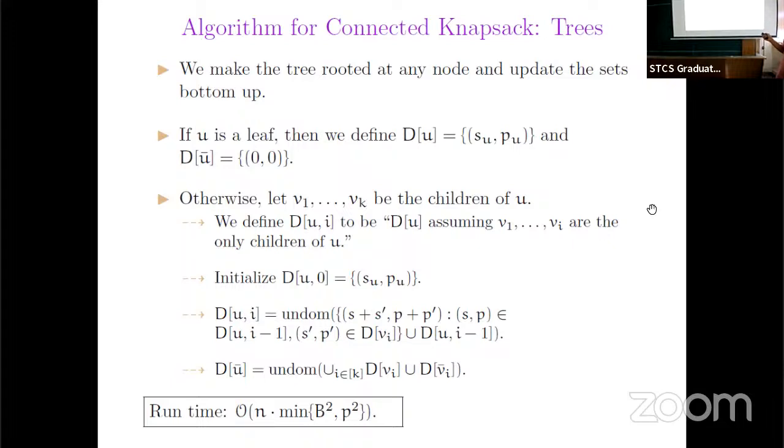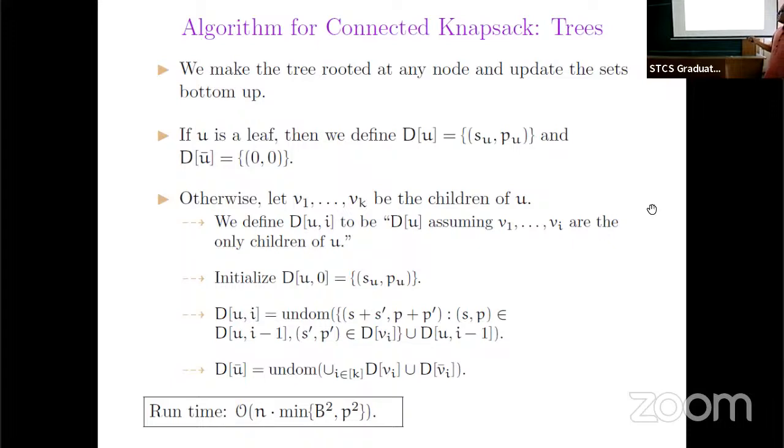D(U,i) is basically D(U) in the world where you had only children V1 to Vi, as if Vi+1 to Vk do not exist. So D(U,0) means U does not have any child. That is as simple as this.